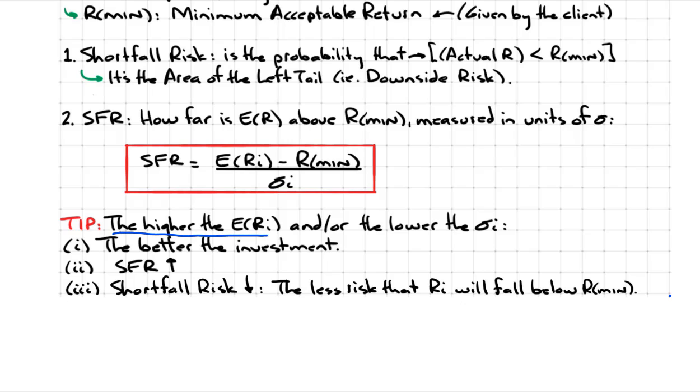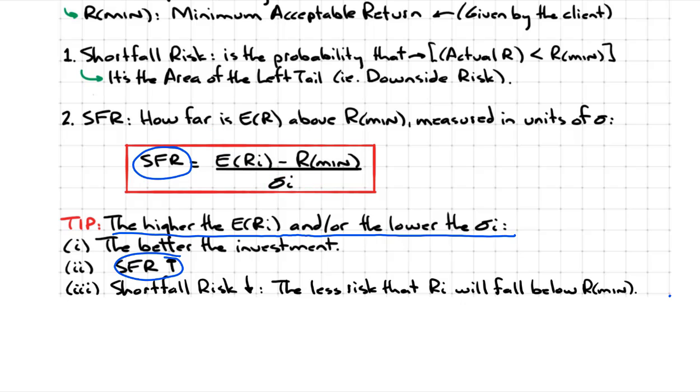Tip: the higher the expected return and or the lower the standard deviation. So here's what we're referring to. The higher the expected return or the lower the standard deviation, what's going to happen? So first of all, the safety first ratio will be higher. But what else does it imply? Well, let's focus less on the quant terms and more on the conceptual.